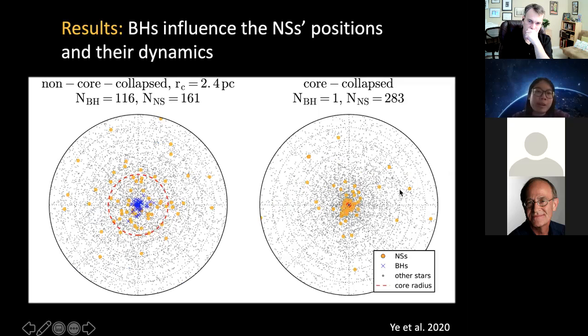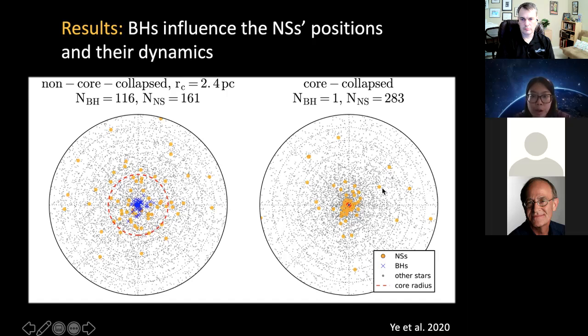And in globular clusters, the dynamics of neutron stars and black holes is tightly coupled because of mass segregation, where more massive objects tend to sink further to the center of a cluster. Black holes dominate cluster centers, and dynamical encounters between black holes and other stars can then heat up the cluster and prevent neutron stars from moving to the center if there are many black holes.